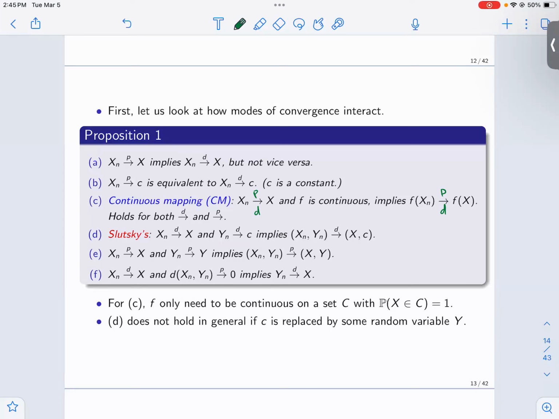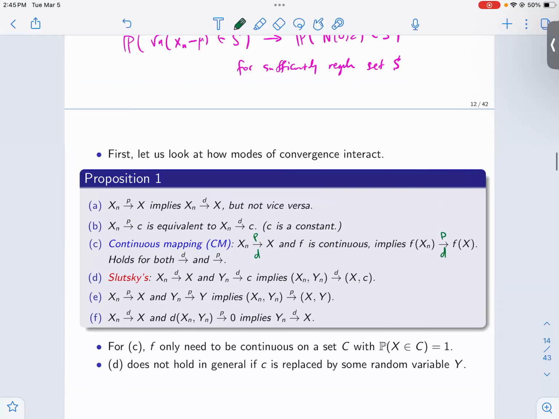If you combine this result with the continuous mapping theorem, you get very interesting statements. So if Xn converges to X in distribution, for example, and Yn converges to c in distribution, then I can apply the function f of x and y equals x plus y. By Slutsky we know that Xn and Yn converge in distribution to X and c.